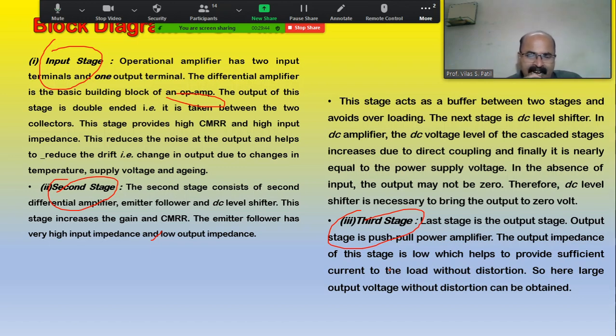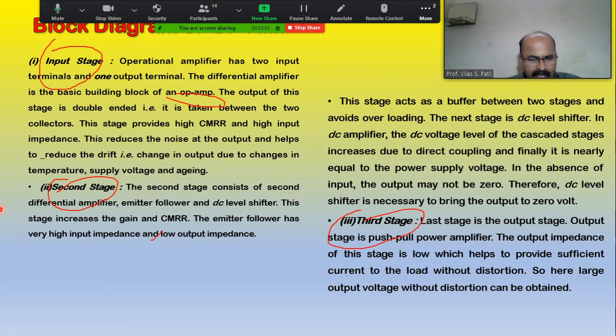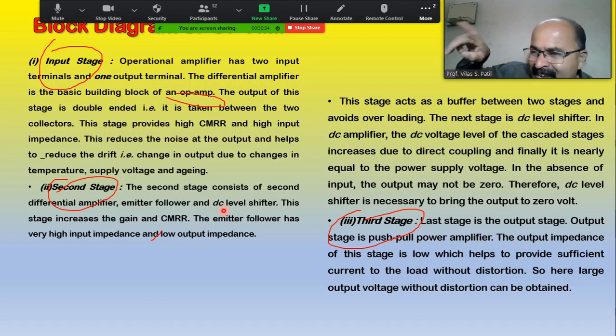See here, the second stage consists of, I am taking the laser, the second differential amplifier, emitter follower circuit. त्याच्यामध्ये emitter follower circuit आहे, पुन्हा differential amplifier आहे, second differential amplifier आहे, emitter follower circuit आहे and DC level shifter आहे. तुम्हाला माहित आहे या स्टेजचा उपयोग काय आहे, तर CMRR इन्क्रीज करणं. कॉमन मोड रिजेक्शन रेशो जो आहे, म्हणजे गेन जे आहे ते आपल्याला वाढायला पाहिजे आणि ते वाढवायचं काम या मिडल स्टेजचा, इंटरमिडिएट स्टेजचा आहे. आणि इंटरमिडिएट स्टेज मध्ये त्यासाठी काय घेतलेलं आहे, डबल एंडेड इनपुट सिंगल एंडेड आउटपुट डिफरन्शियल एम्प्लीफायर घेतलेला आहे. दॅट इज द सेकंड स्टेज.